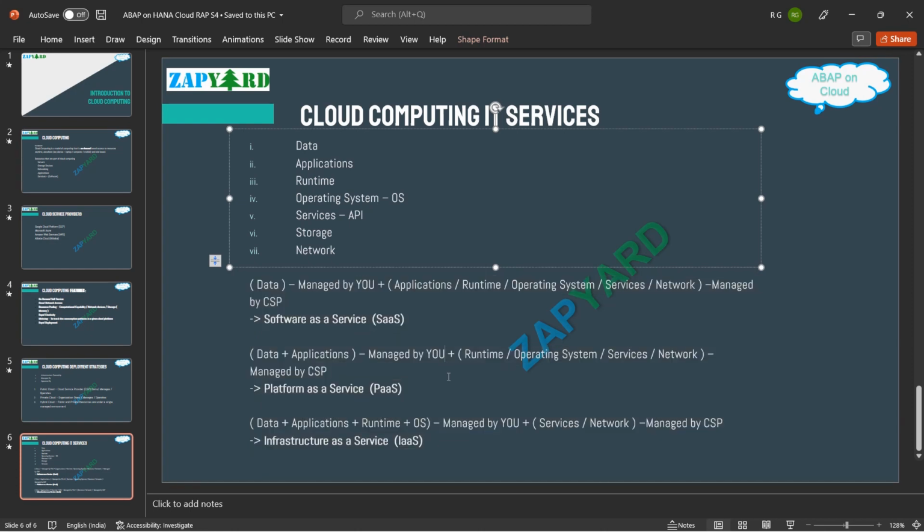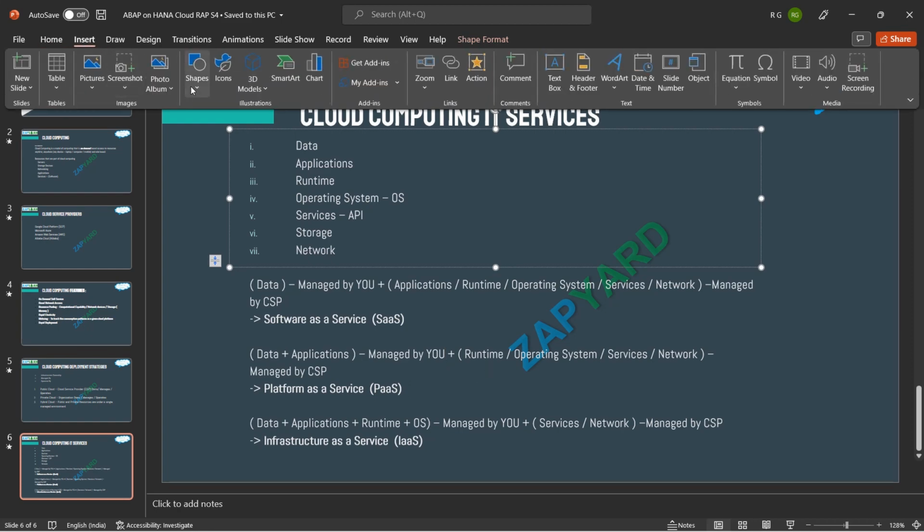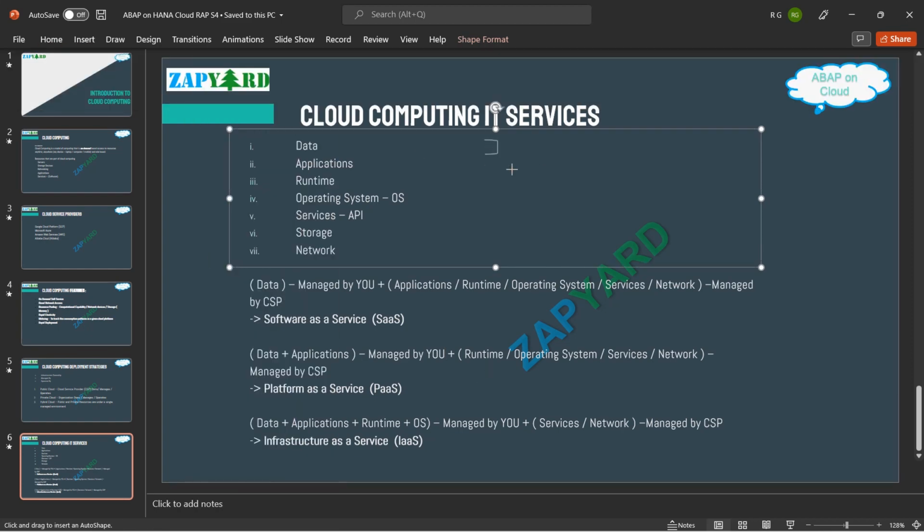Now, what happens in on-premise? In on-premise, all of these components are managed by a single entity, which is nothing but the ERP implementing company, or the company which tries to do the digital transformation. So that company manages all these components. That is why it is known as on-premise.